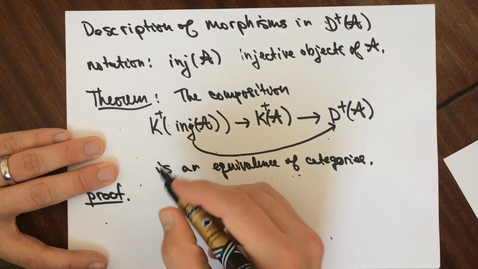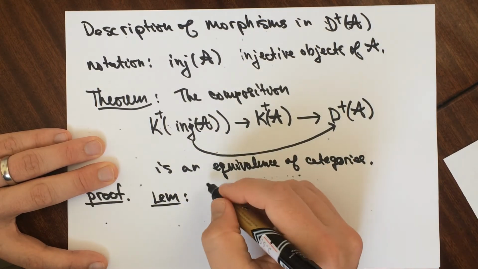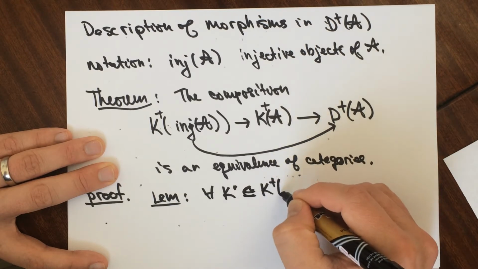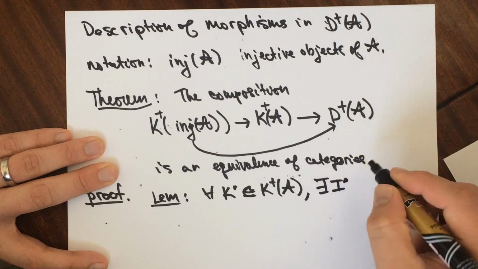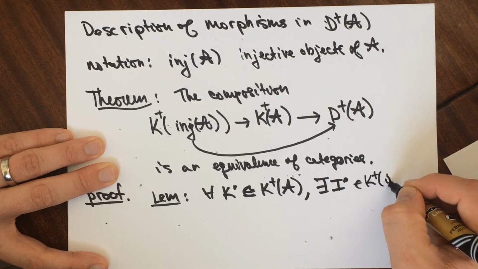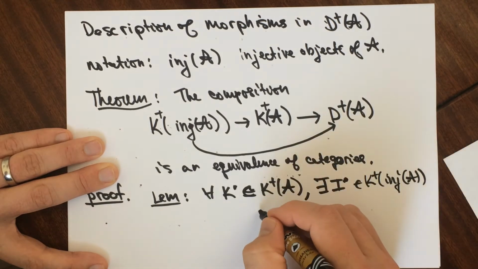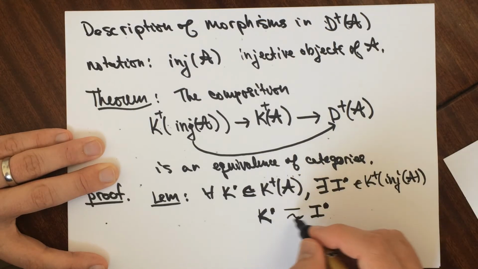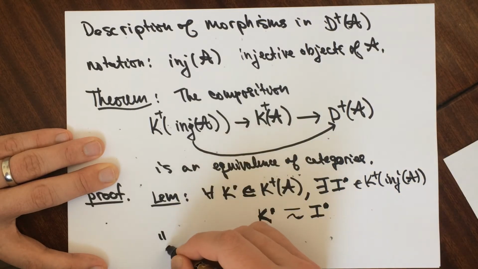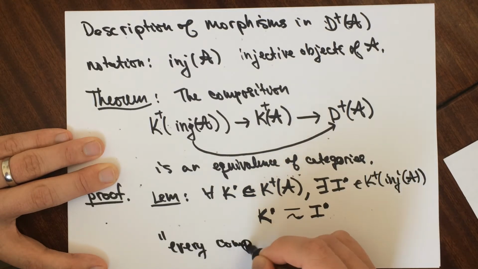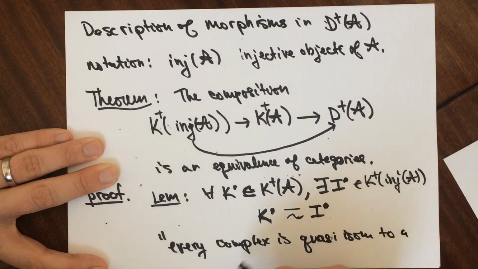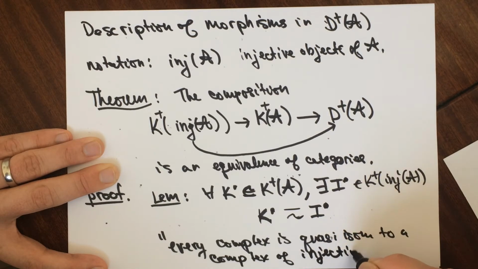There's a lemma: for all K, an element of K plus of A, there exists an I in K plus of Inj(A) such that K is quasi-isomorphic to I. So every complex is quasi-isomorphic to a complex of injective objects.